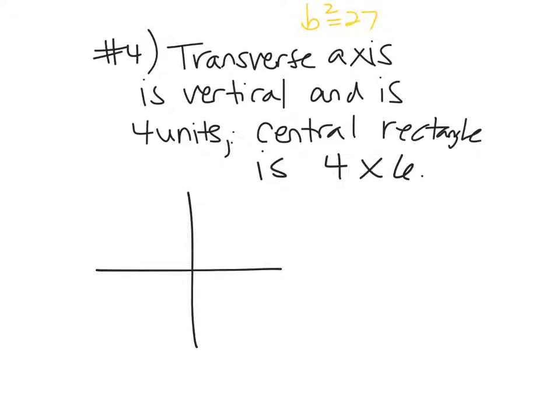All right, so here we go. Now, we're centered at the origin still. We haven't moved. So the transverse axis is vertical. That means it's up and down. So we know that, okay? It's vertical and it's 4 units long. Now, if it's 4 units, then how far is it to each vertex? 2, right? 2 up, 2 down.